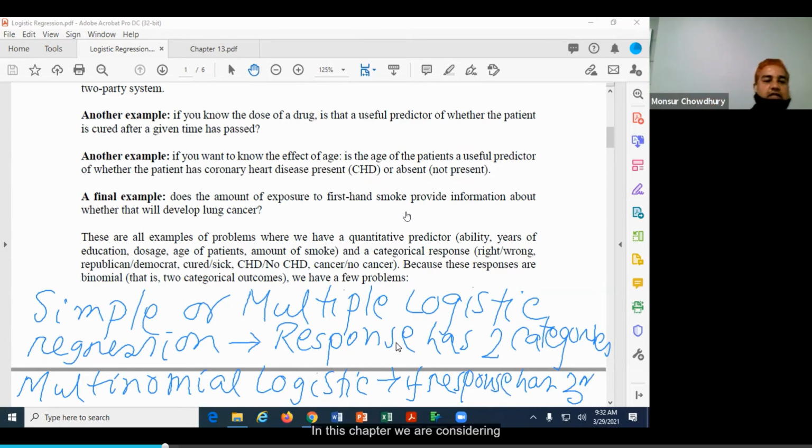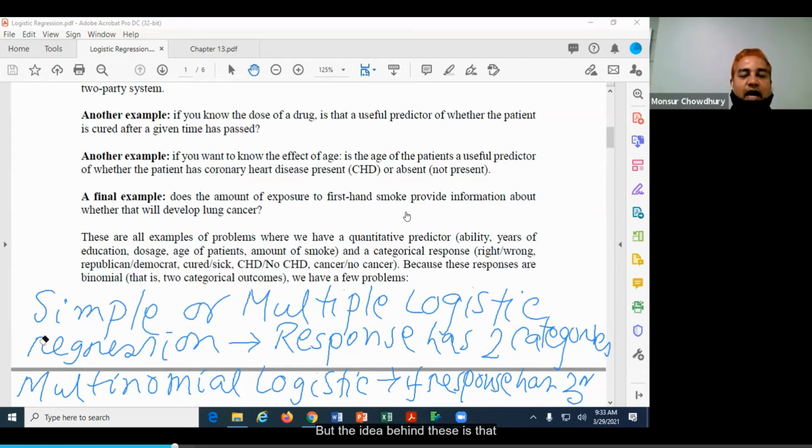So in this chapter we are considering basically simple logistic or multiple logistic regression. That means we are restricting ourselves to binary outcomes, either success or failure, yes or no, whether they have coronary heart disease or not, whether they have been cured or not. We have only two categories.